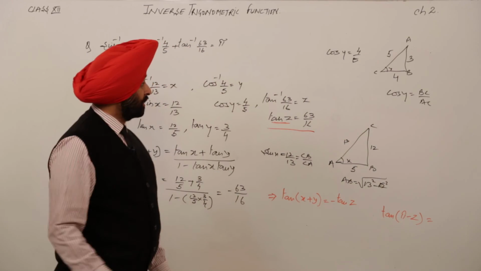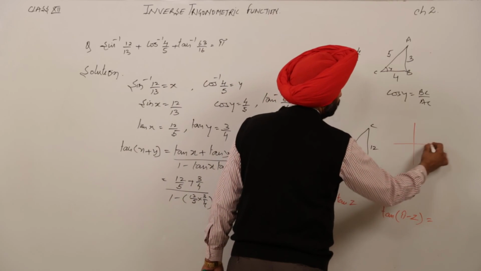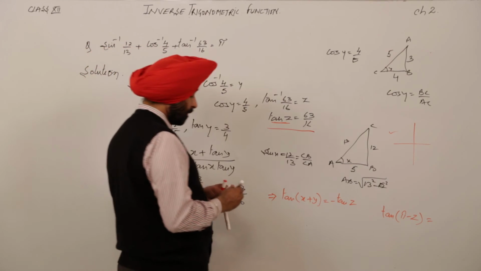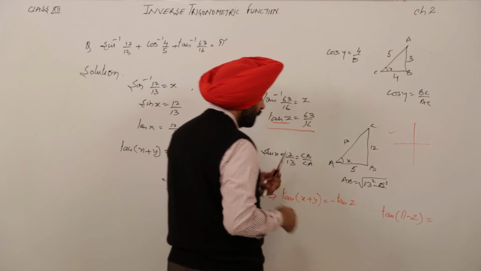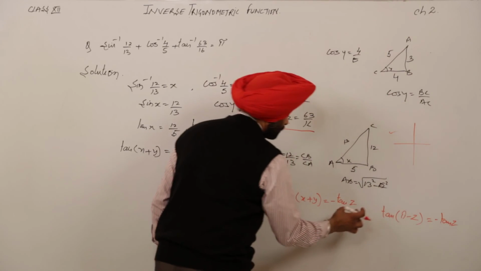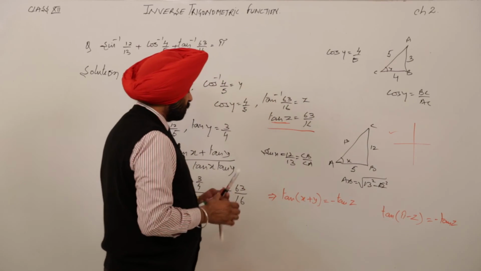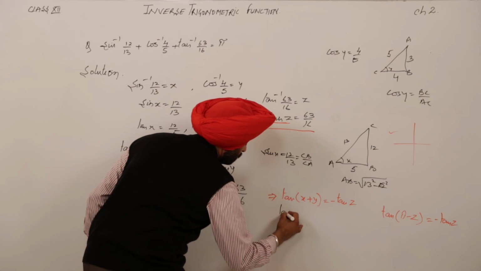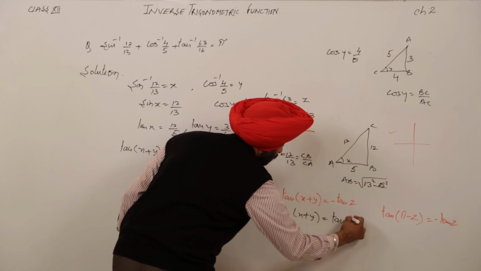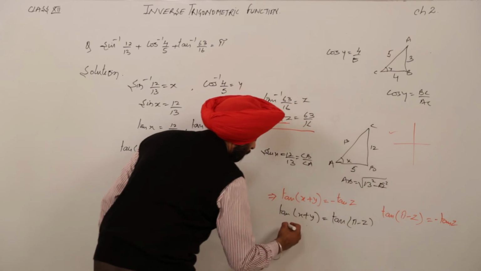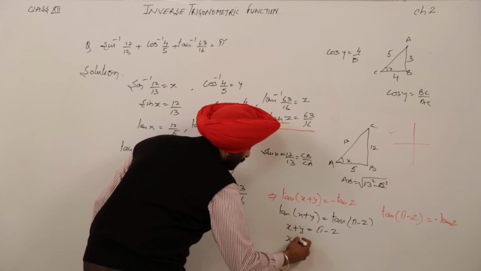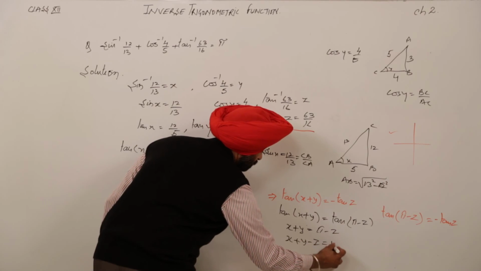It means the second quadrant, and in the second quadrant tan is negative. So tan of pi minus z is equal to minus tan z. Putting this value, we get tan of x plus y is equal to tan of pi minus z, so x plus y is equal to pi minus z, or x plus y plus z is equal to pi.